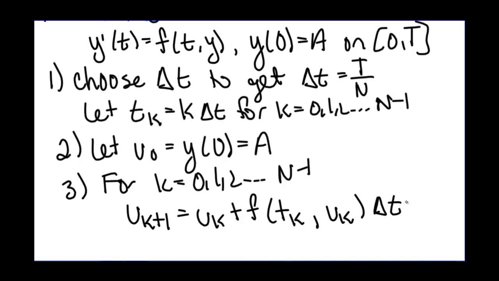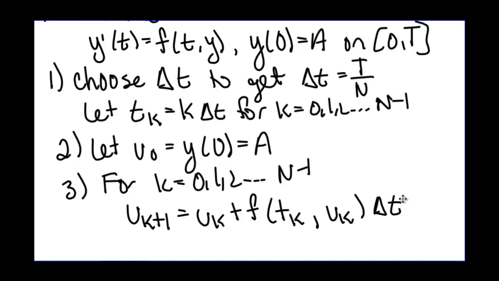What this says is that the y value for the next interval is equal to the y value of your current interval plus f of t sub k, u sub k, the slope at the point t sub k, u sub k, times your step length.